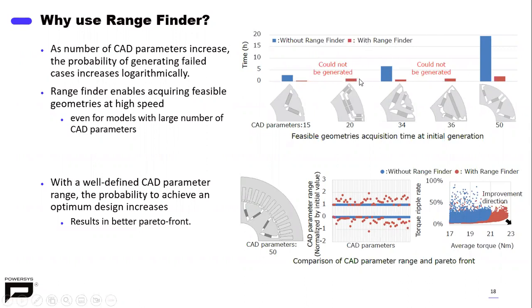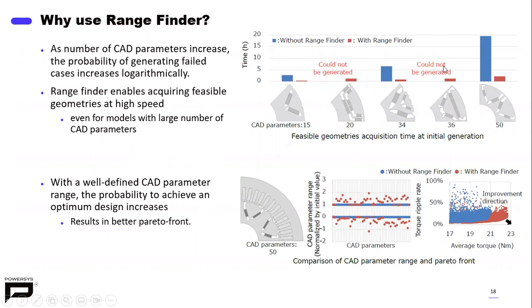Whereas when we use the rangefinder option, the range given by the user is altered by the software with the help of the machine learning concept, by which we get multiple geometries which are feasible for practical construction too. In a similar way, when we increase the number of CAD parameters to 34, 36, and 50, with more complex geometries, without using the rangefinder it is quite difficult to produce the geometries without any damage.